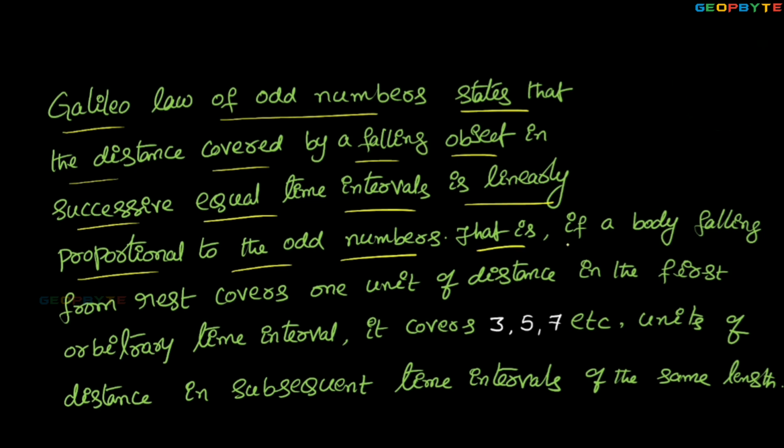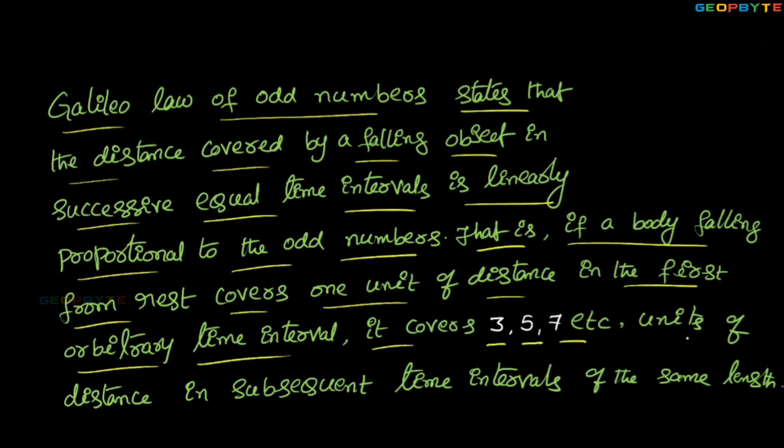That is, if a body falling from rest covers 1 unit of distance in the first arbitrary time interval, it covers 3 meters, 5 meters, and 7 units or 7 meters of distance in subsequent time intervals of the same length of time.